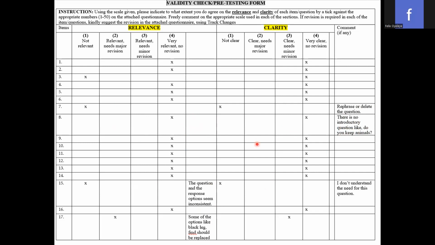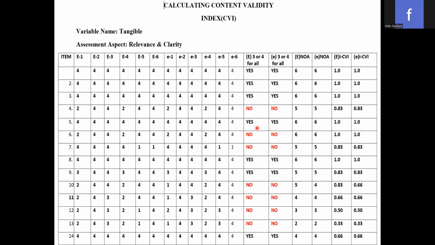Okay. And of course, after scoring the questionnaire using the validation form, there's another form that is designed to calculate the content validity of the questionnaire. Recall I mentioned that there are 6 individuals that should make up the panel.